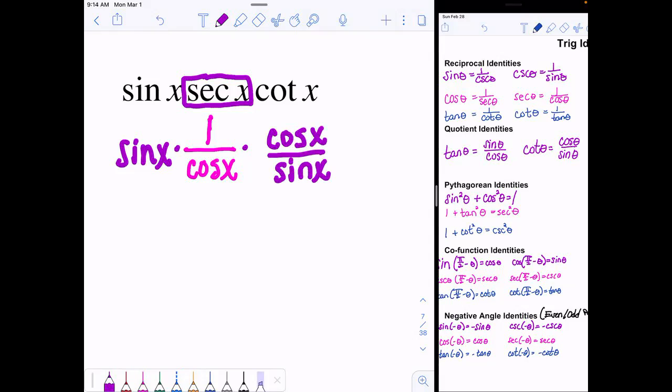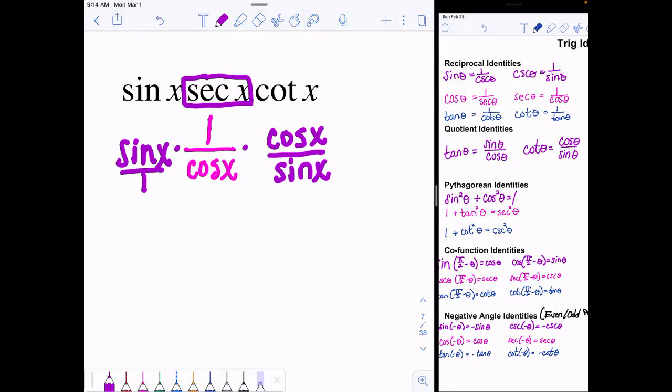So instead of making it 1 over tangent, if I already have a sine and then something else with a cosine, let's change it to have just those two functions in the problem. So now I have sine, which I'm going to just place over 1 to make it a fraction. And then we have 1 over cosine, and then we have sine over cosine.